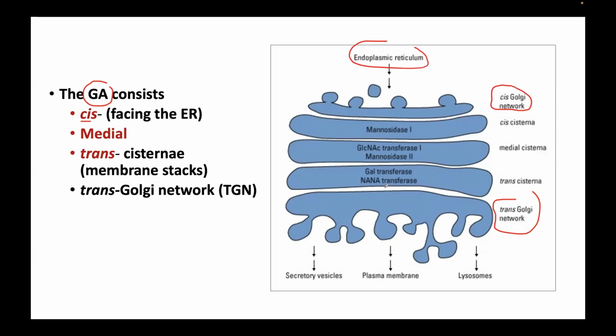That is the one that faces the plasma membrane. And of course, we have the medial part, which is the one right in the middle. That is the meaning of cis and trans. So please take note of that.